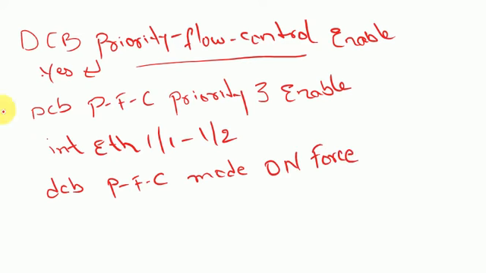If you don't give this on force, by default if you enable this, it asks to shut down the interfaces. So if you give this mode on, without shutting down the interfaces, we can do the configuration. Once it is done, you can use the command show DCB priority flow control. The output of show DCB priority flow control shows which interfaces are enabled for the PFC.